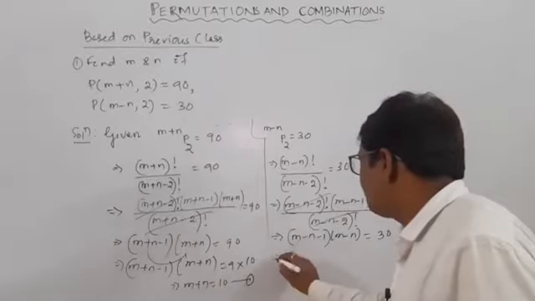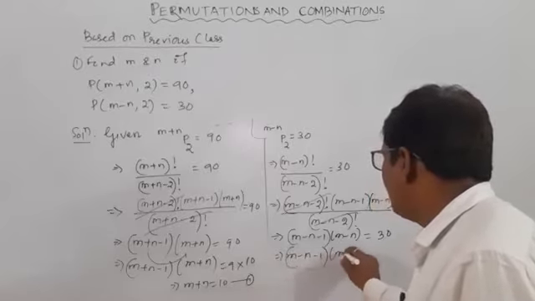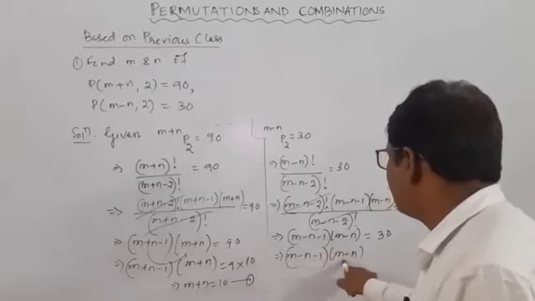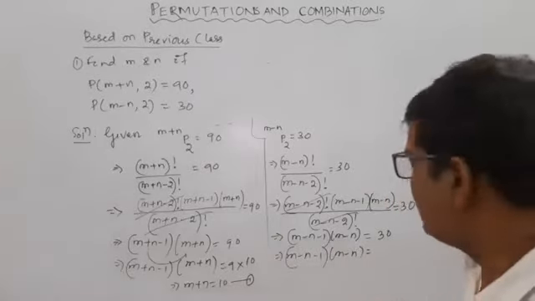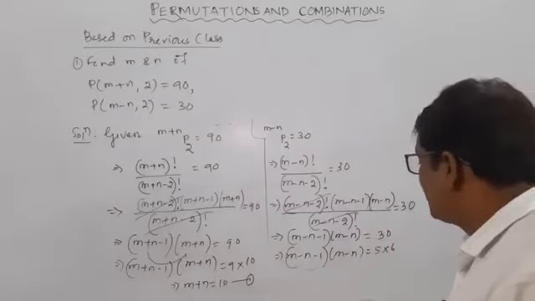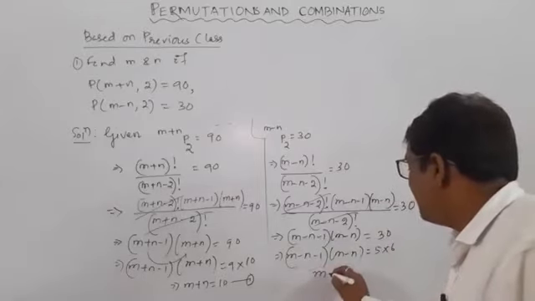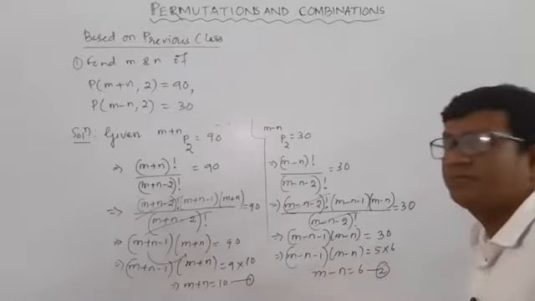So (m-n-1) into (m-n), this is smaller and this is greater, two serial numbers, and this can be 5 into 6. That implies m-n is equal to 6. This is equation 2.